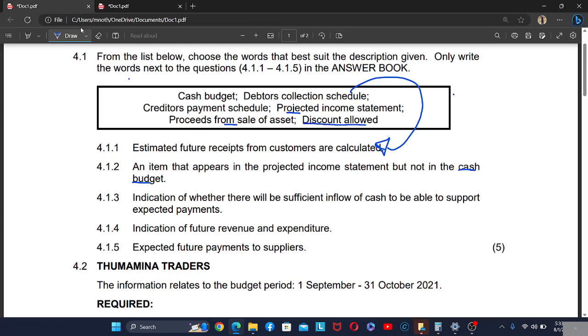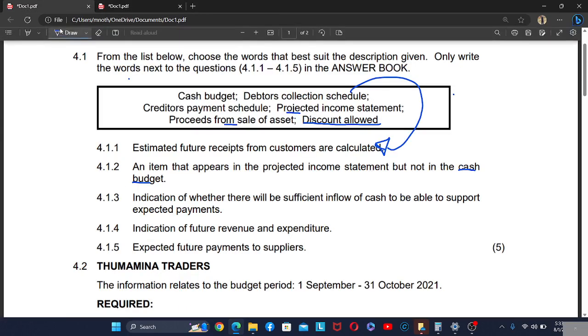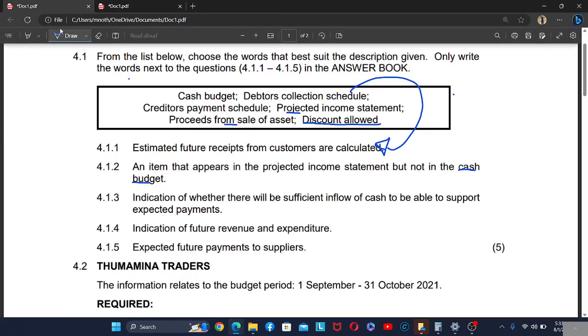The discount allowed, because this one does not belong under the cash budget because it does not involve the movement of cash.